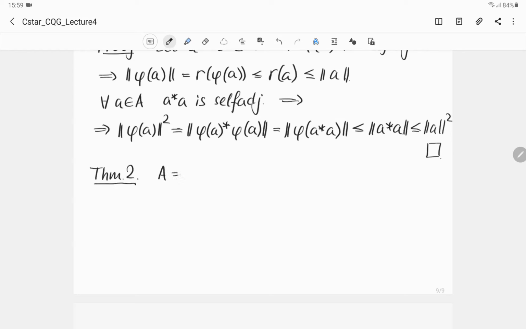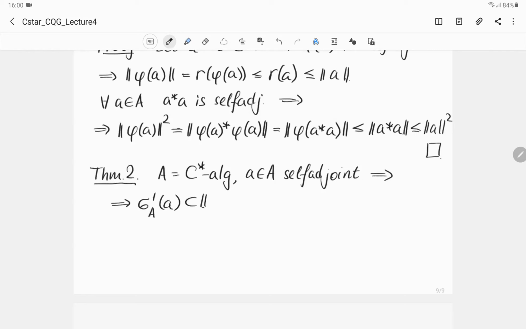Suppose that A is a C-star algebra, and suppose that little a is a self-adjoint element of A. I claim that the spectrum, or more exactly the non-unital spectrum of a, is real. So in particular, if A is unital, we see that the spectrum of a is real.